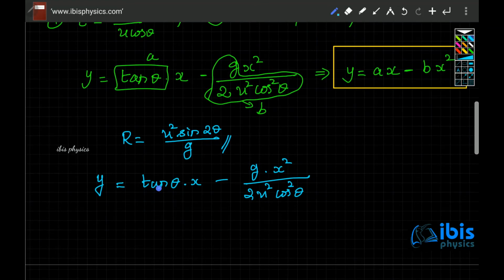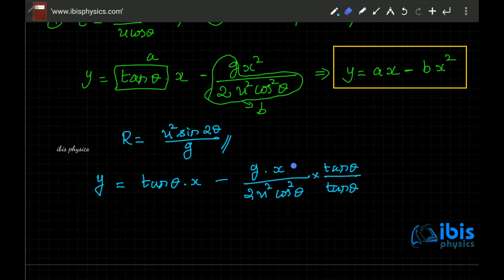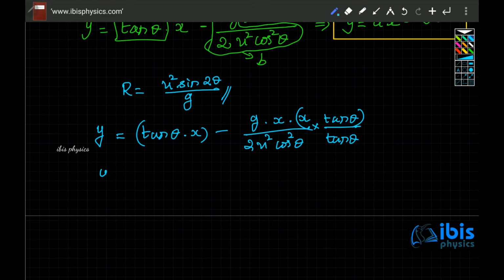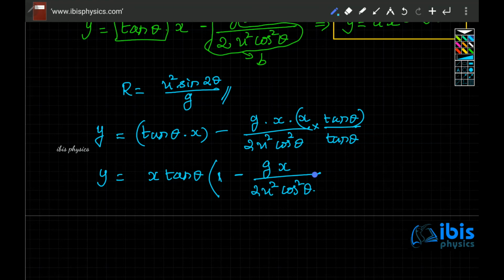And because we have tan theta, let us try to take tan theta out. So you are multiplying with tan theta and dividing with tan theta. Now x square can be written as x into x. So let us take x tan theta out. Y equal to x tan theta into 1 minus gx by 2u square cos square theta into tan theta.